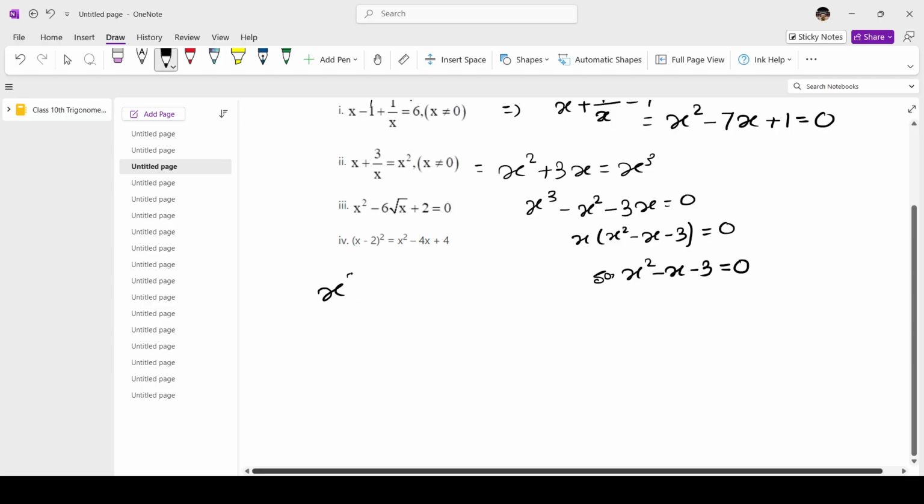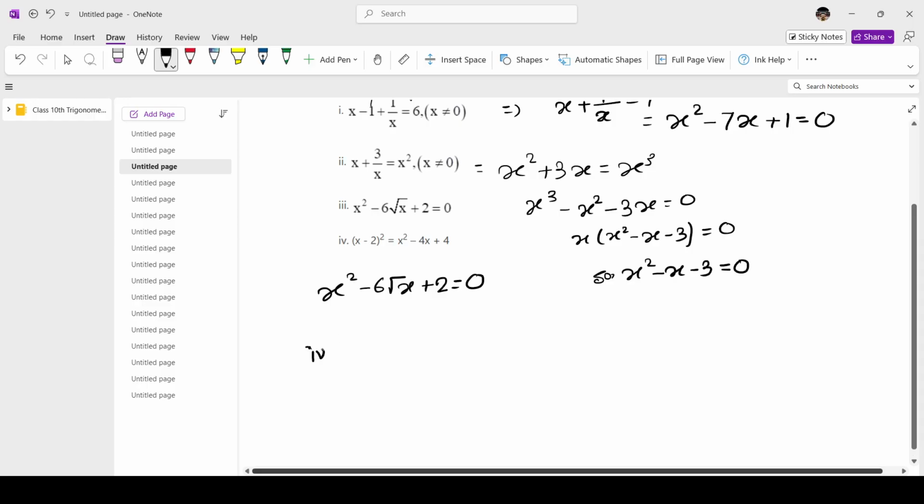Now the next question is x squared minus 6 plus 2 is equal to 0. So here if you see, it is already in the form of a quadratic equation. Okay. So we don't have to simplify it further.